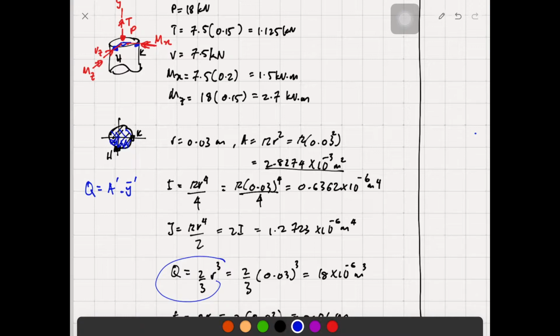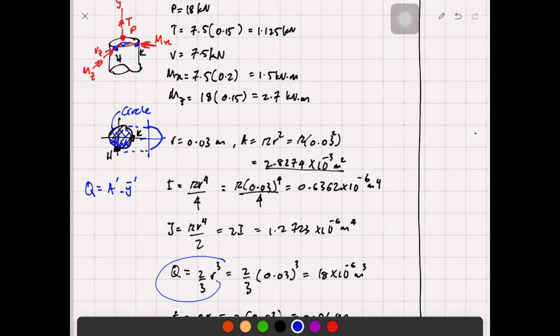The amount is the same. We know the profile of the transverse shear stress is going to be parabolic, just like that. But for the maximum Q, we have a problem when we have the shape of a circle.